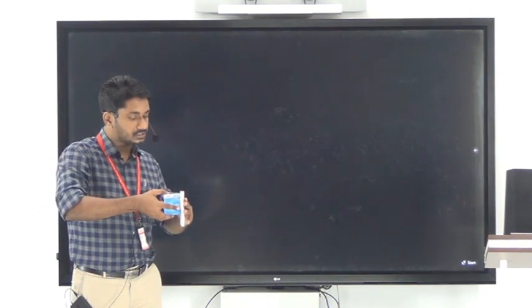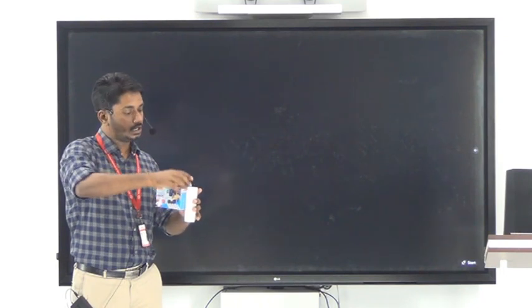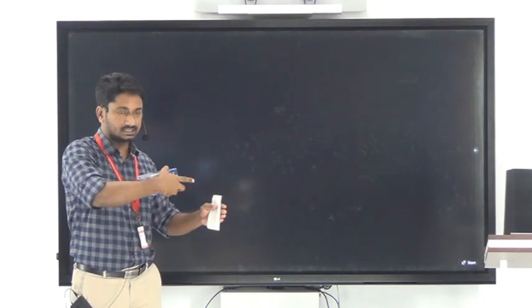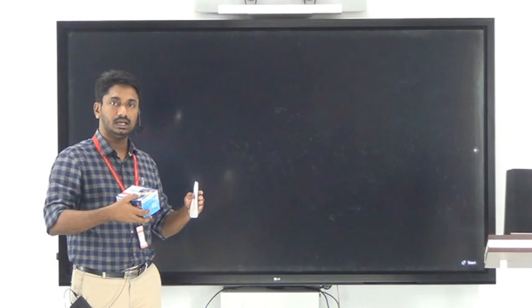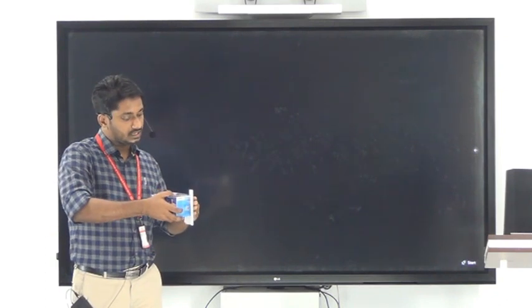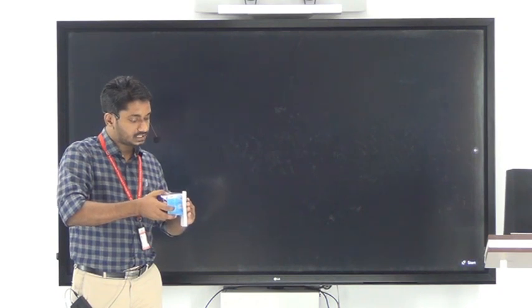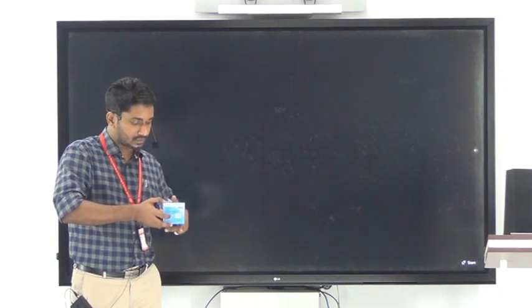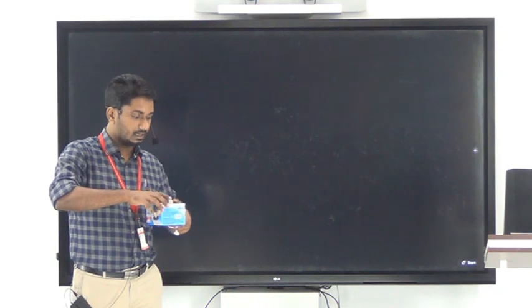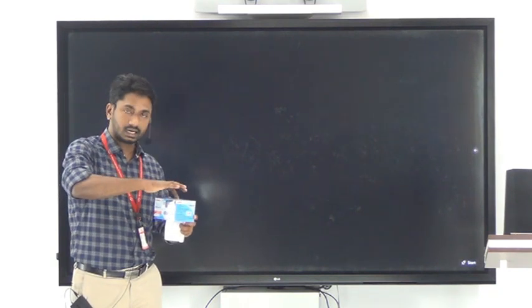Now when we are looking at this object from the top side, you can see this picture plane as a line that is represented by PP. Then we can see the top view of the object. The top view of the object is a rectangle having dimensions 50 mm and 100 mm.